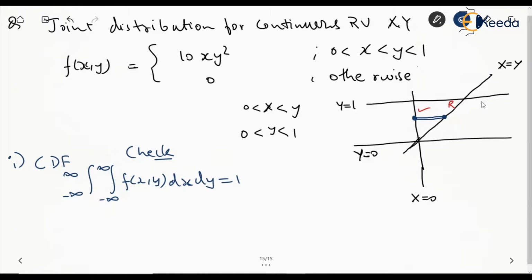So where does the lower limit lie? It lies on the line x is equal to 0. And where does this end point lie? It lies on the line x is equal to y. And what is this f of x y? This is 10xy square. So I'll write 10xy square, integration from x is equal to 0 to y, and this is of course dx, and after that dy. So we'll check for dx and dy also.